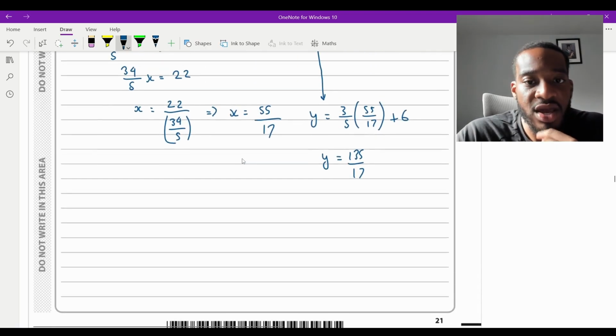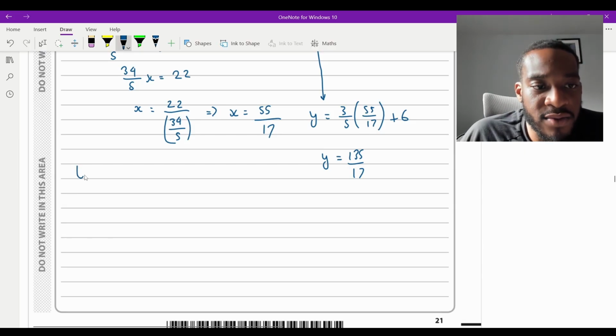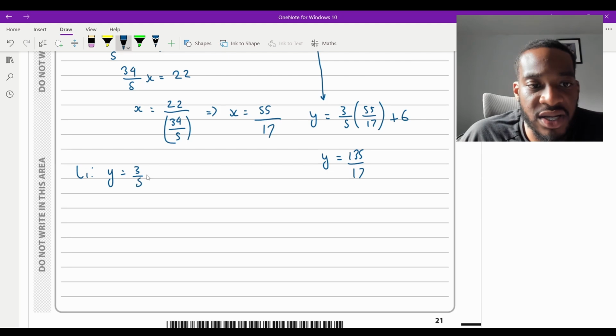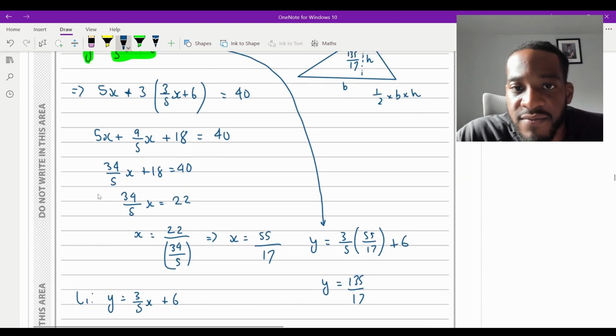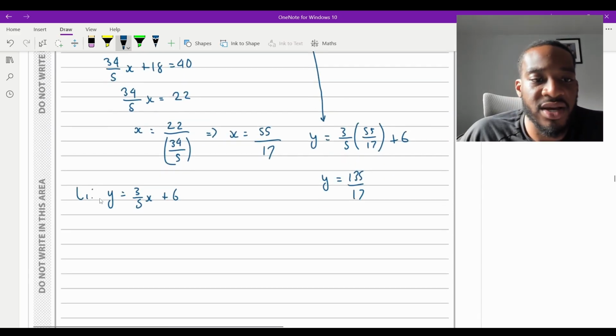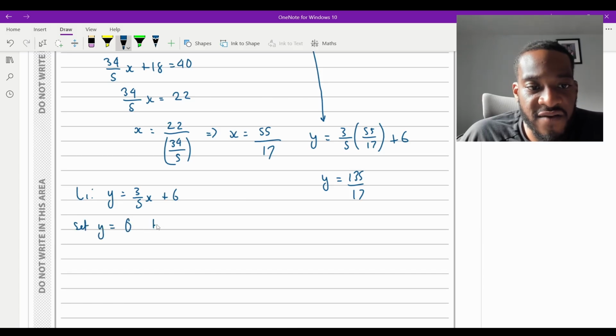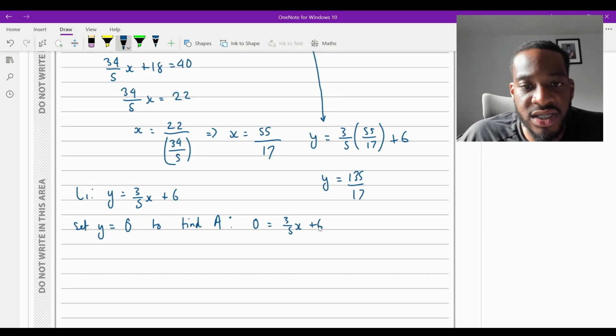Line L1 was y is equal to 3/5 x plus 6. To figure out what that point A is, we need to plug in y is 0. So I'm going to set y equal to 0 to find A. That gives me 0 is equal to 3 over 5x plus 6.